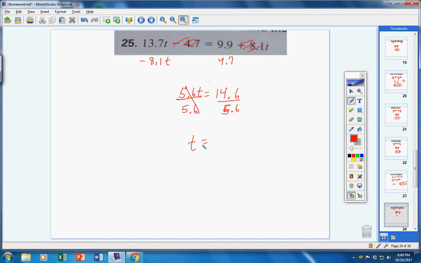I'm going to take 14.6 divided by 5.6, and I get, rounded of course, 2.6071, but the direction is saying to round to the nearest tenth, so this 0 tells me to leave my 6 alone. So my answer is 2.6.